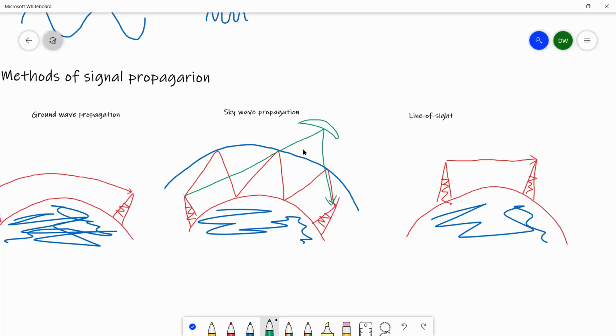To do that, we need a signal which can pass through this ionosphere. The signal which can pass through this ionosphere is the microwave signal. So when you have a microwave signal, it can pass through the ionosphere and come back to this antenna, right? So these kind of propagations are there.